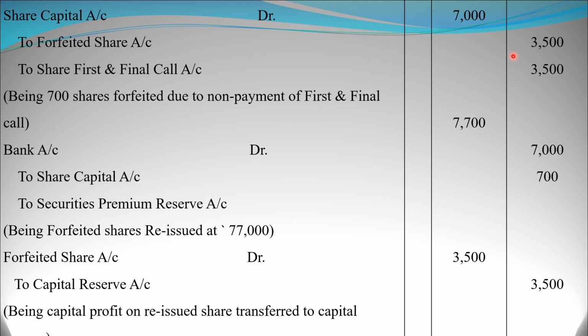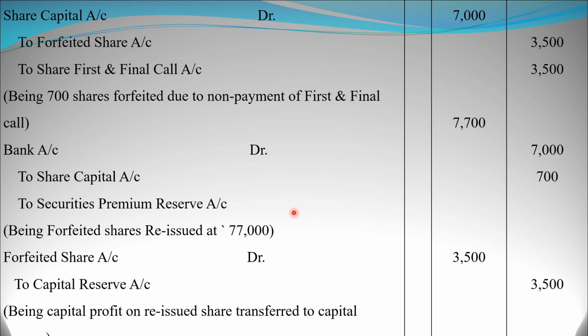Suppose premium was adjusted to the allotment, and a shareholder fails to pay allotment money, that time premium will be cancelled. That time the entry will be share capital account debit, SPR account debit, to the respective instalment or to calls in arrear, whichever method you use. So this is like a normal entry. Though it is issued at a premium, since premium money was paid, share capital account debit to the respective instalment, or you can write to share forfeiture account.